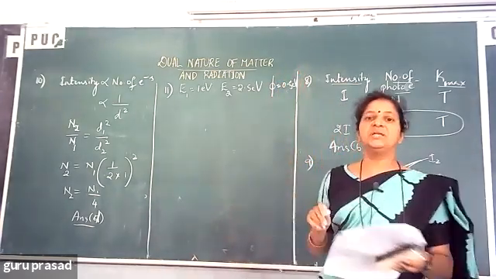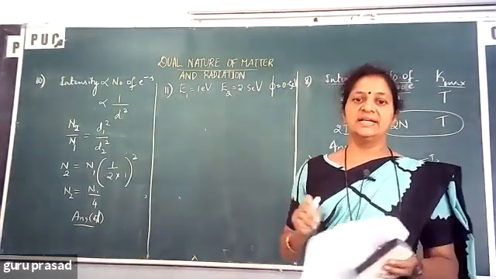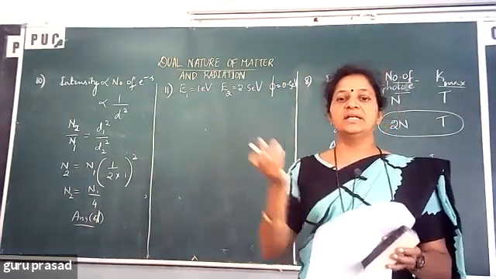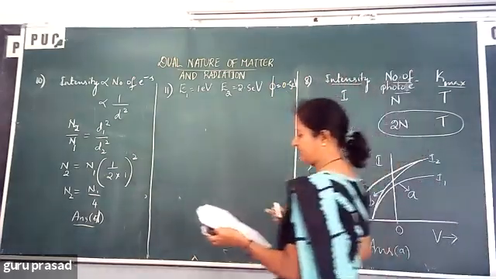Work function is the minimum energy needed for the incident radiation to get the metal electron just out of the metal. That's work function phi.